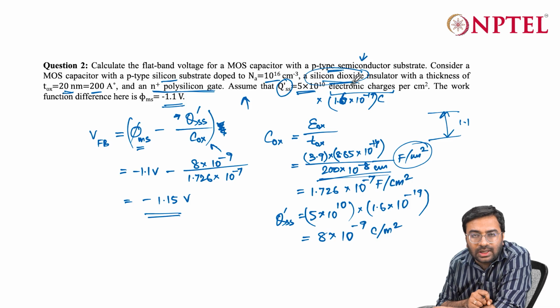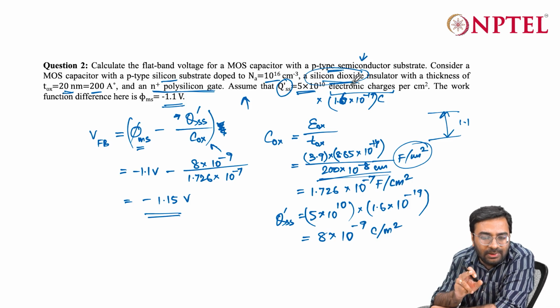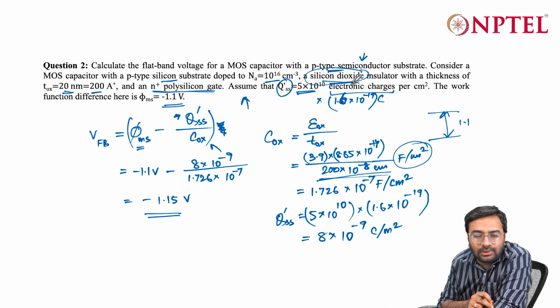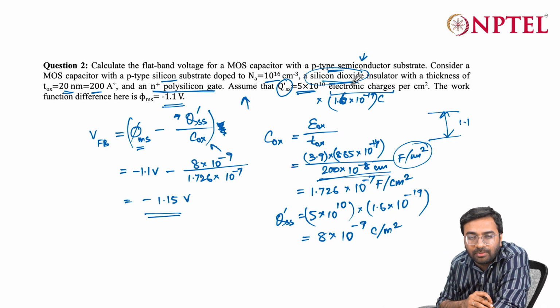So, let us conclude this particular lecture, and always keep an eye on different parameters. If you change something very minutely, or change some information to some other information, for example, what if it is an N-type semiconductor substrate? Why only a P-type semiconductor substrate related problem is given?